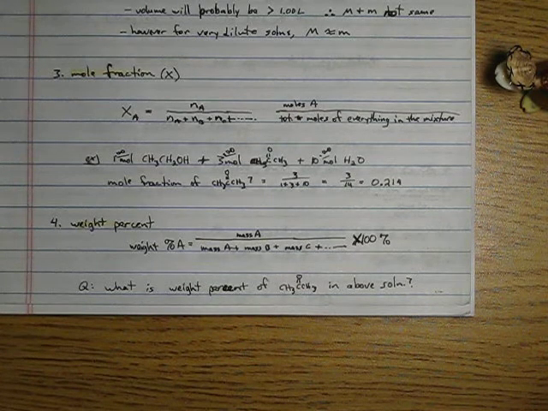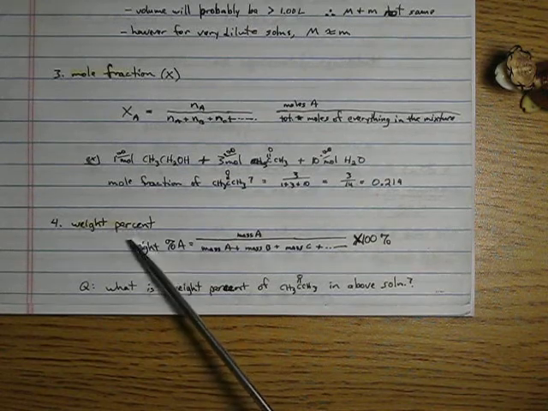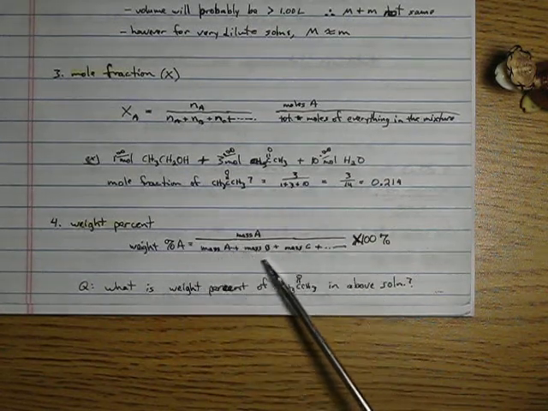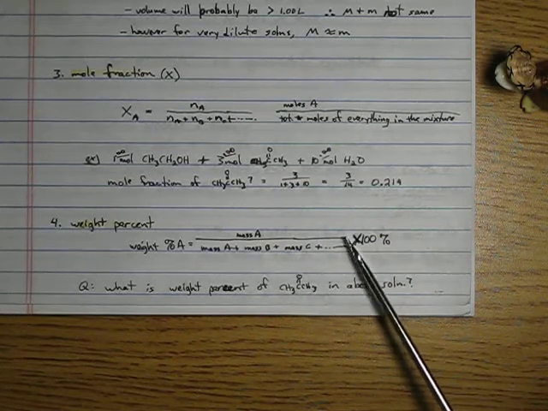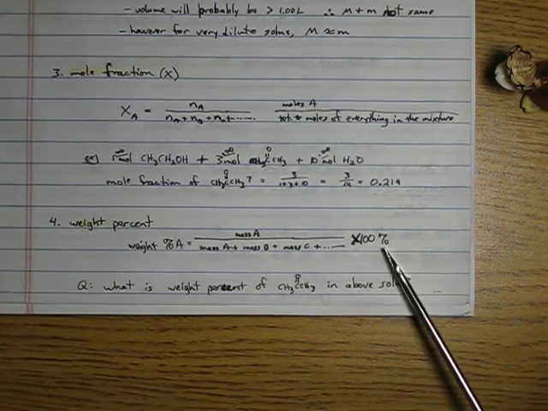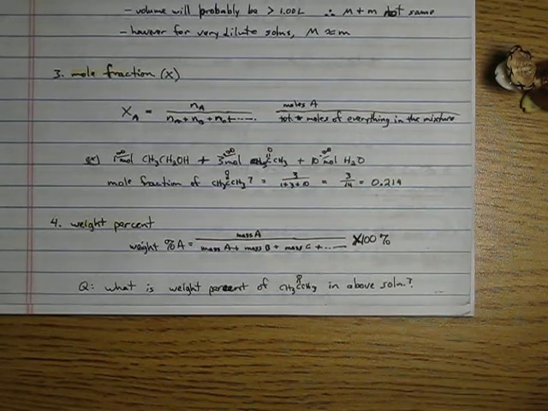Weight percent is kind of the old school name for it, and mass percent is the better name for it. And realize that percent means parts per 100. So for weight percent, you have to multiply the mass of A divided by the total mass times 100 to give us 100%, parts per 100.